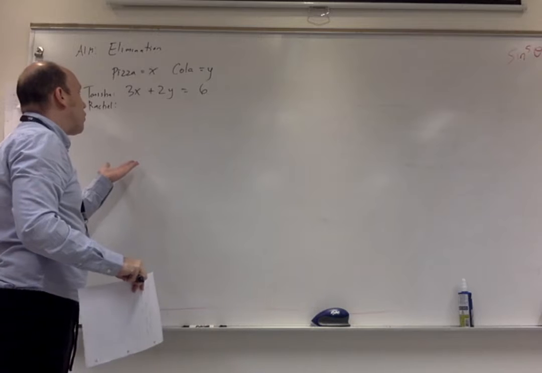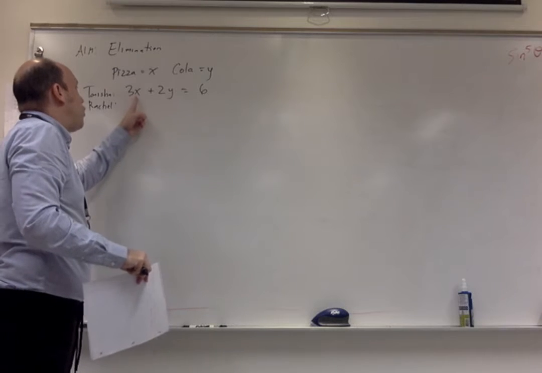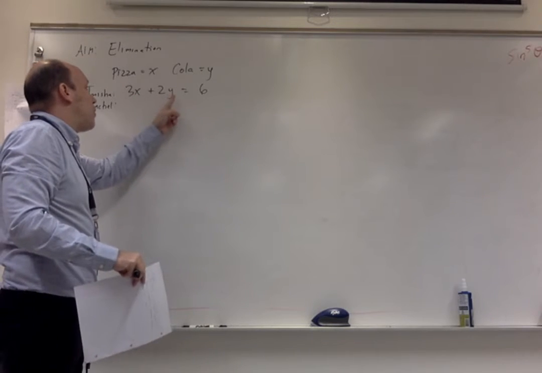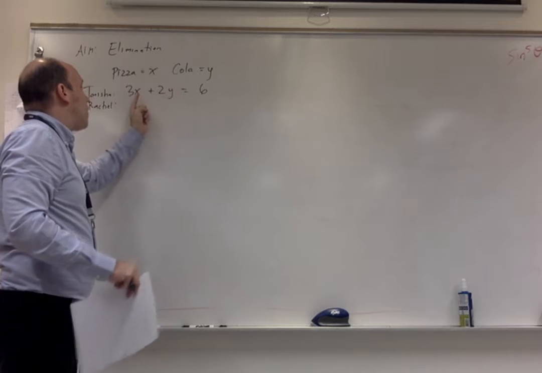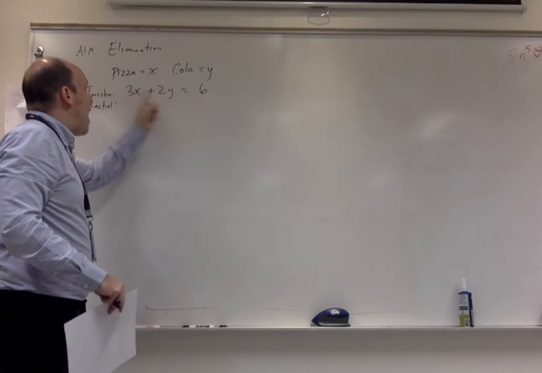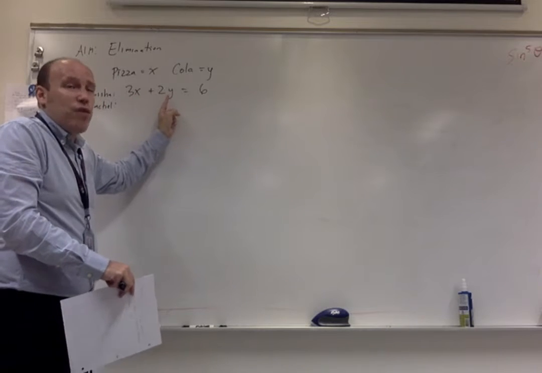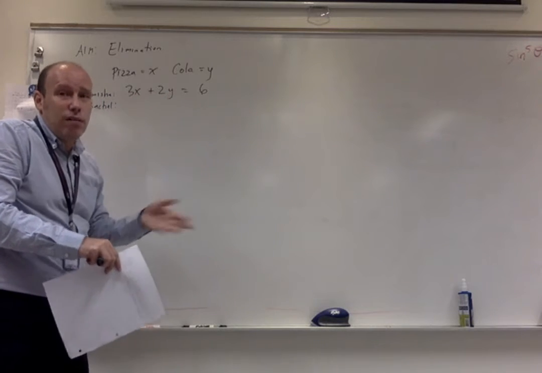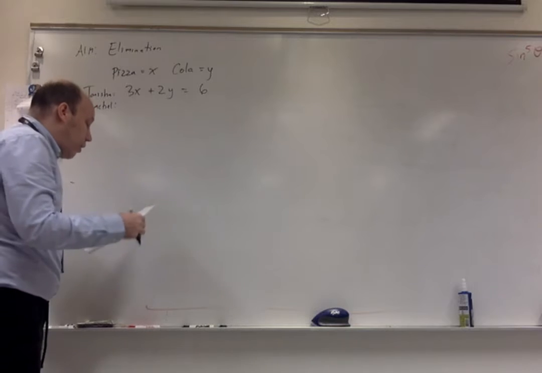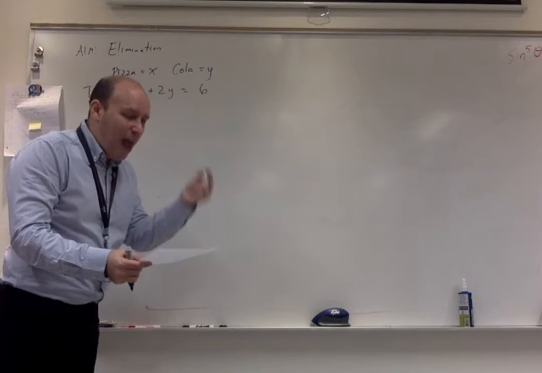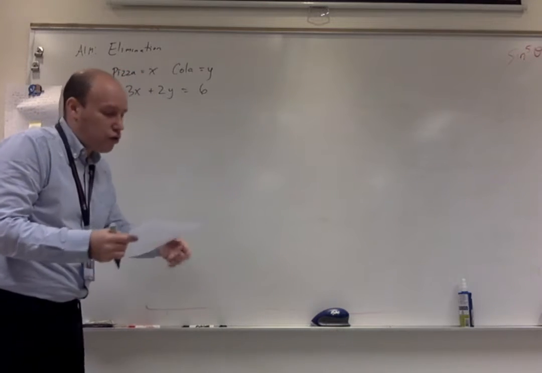Maybe it was $2 for pizza and the soda was free, or maybe it was $1 for the pizza and $1.50 for the cola soda. We don't know. But Rachel got two pieces of pizza and three cola sodas.